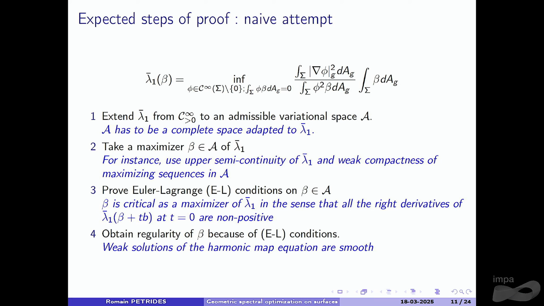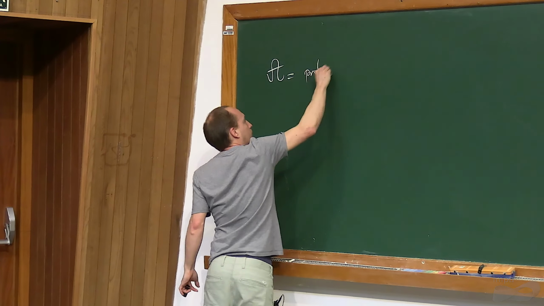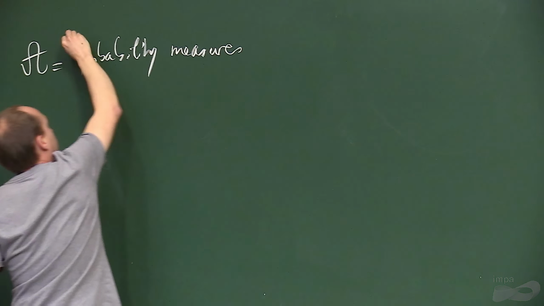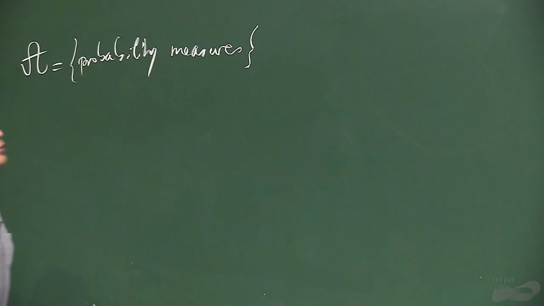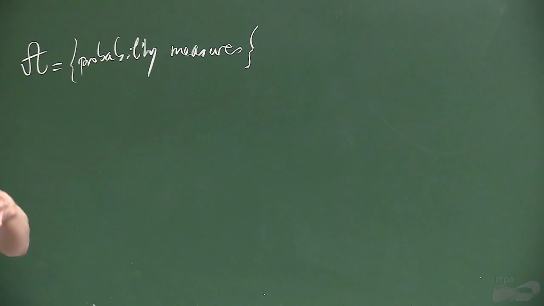Okay, but you need to choose A. When you see this functional, the most adapted A is in fact the space of probability measures. So you look at beta DAG and you replace it by a probability measure, because when you take a maximizing sequence, you can renormalize it.